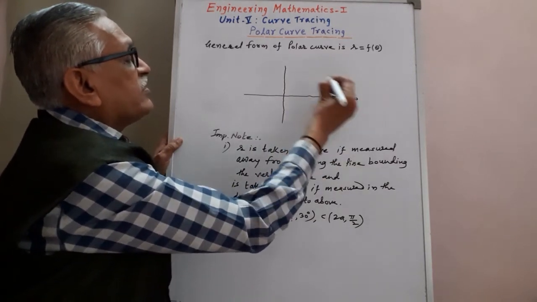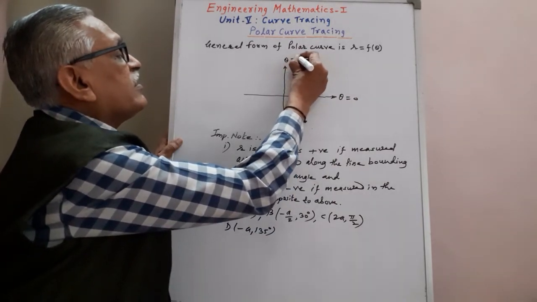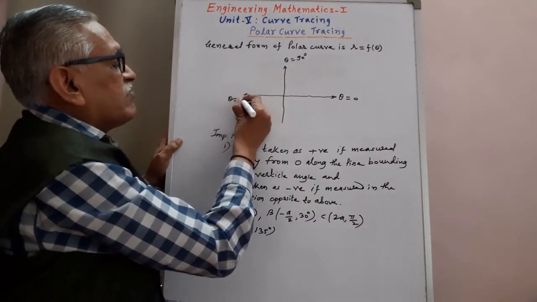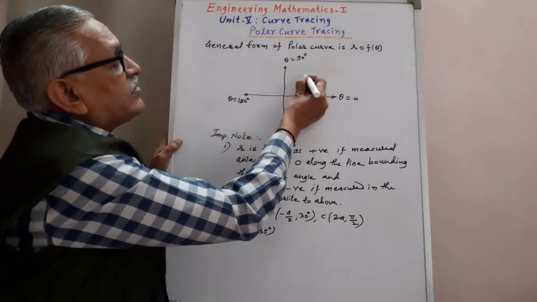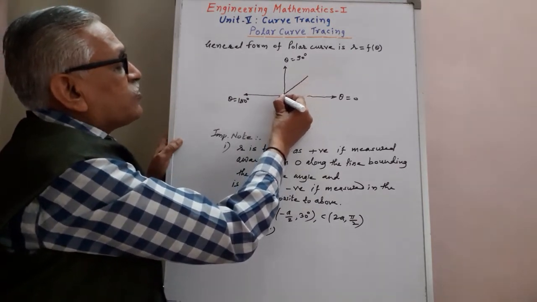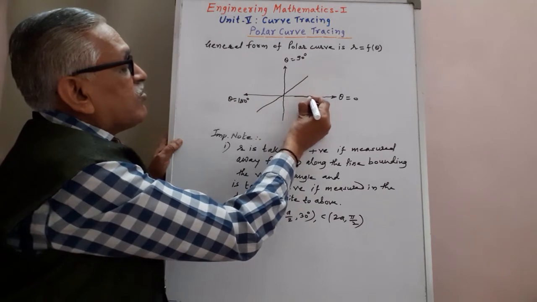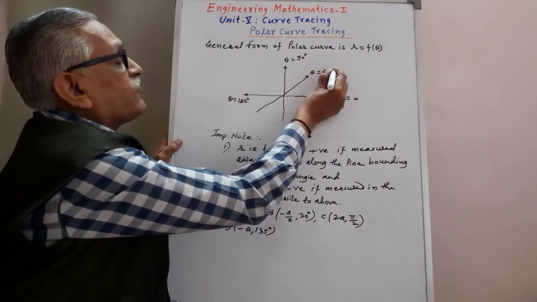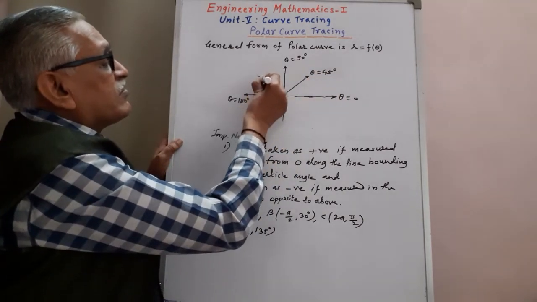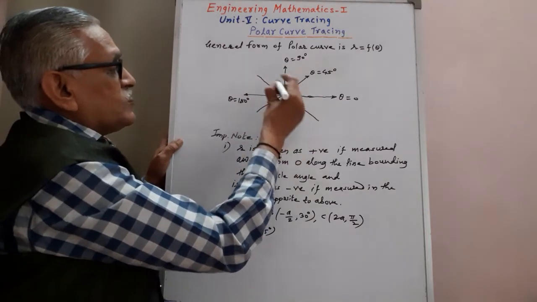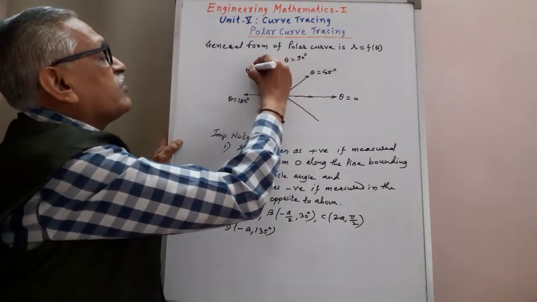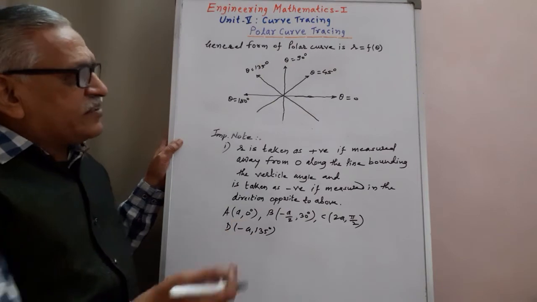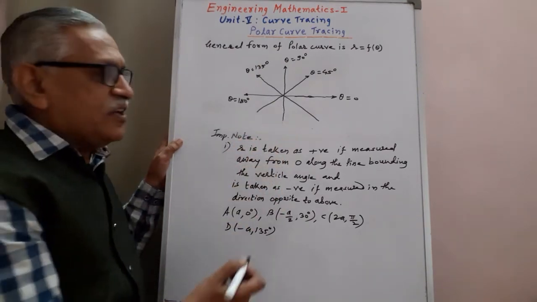Draw the lines theta equals 0 degree, theta equals 90 degree, theta equals 180 degree. Then a line between these two, theta equals 45 degree, theta equals 135 degree. Like this, we have to draw different lines for different angles.